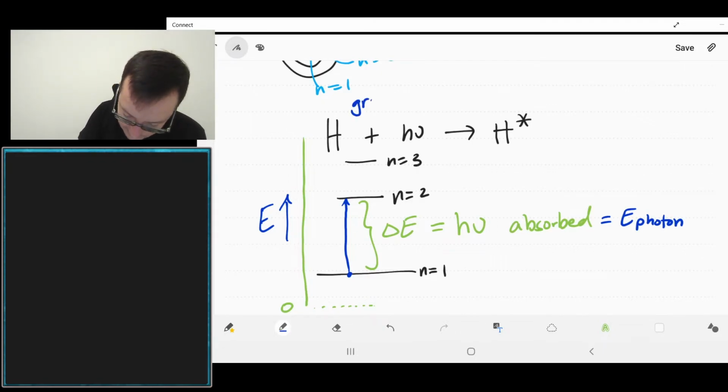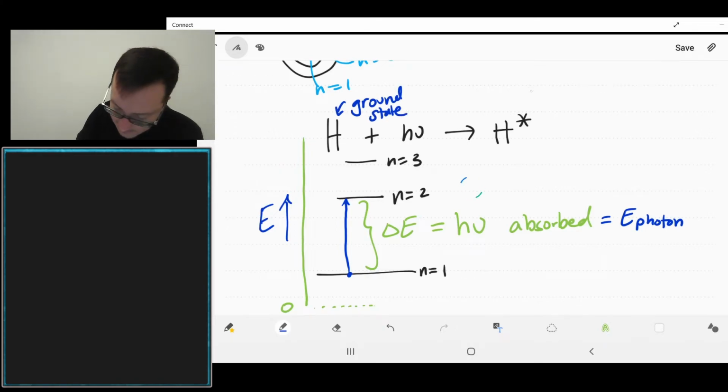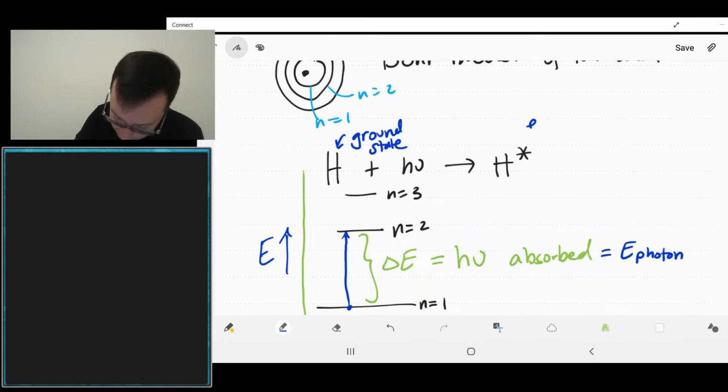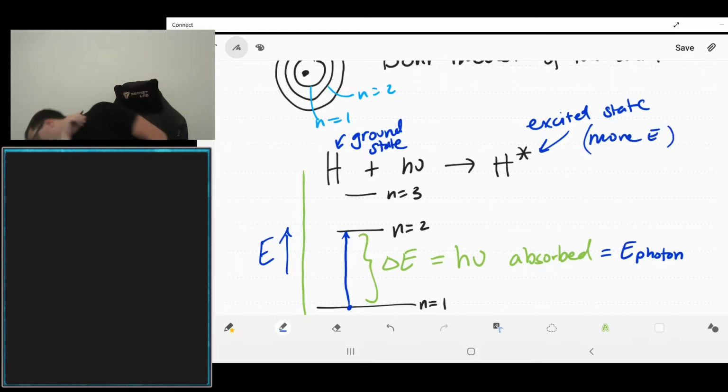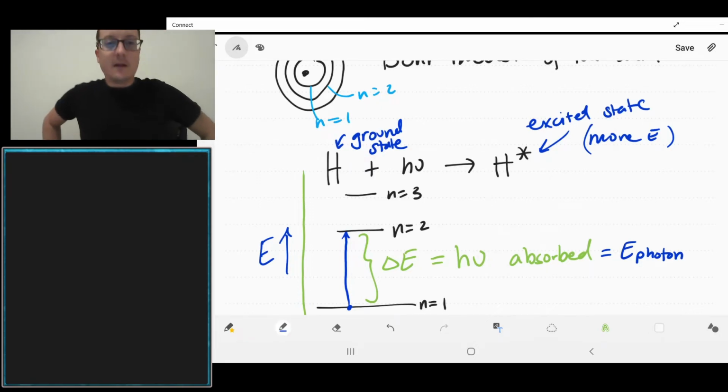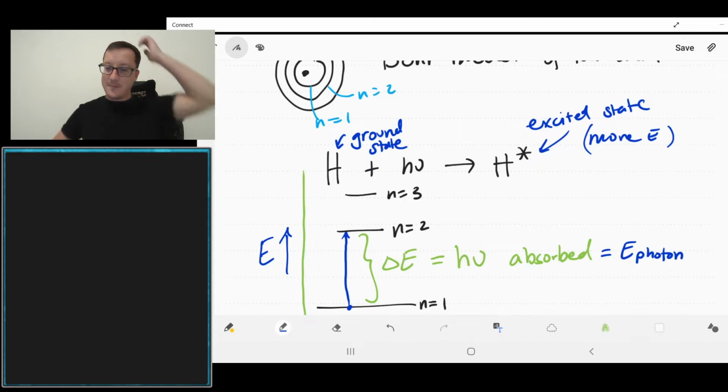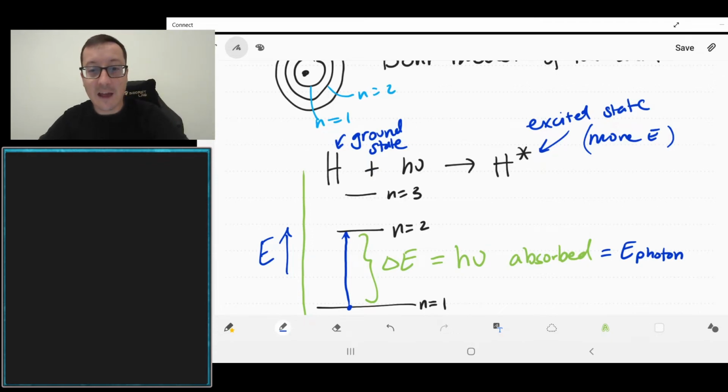We call this the ground state, by the way, and this is an excited state. It's got more energy. That's the excited state. So we're going to see that the energy that is absorbed is exactly equal to the energy level difference.